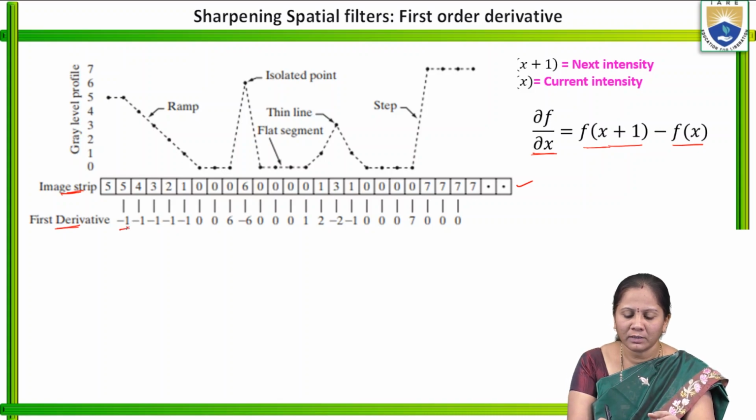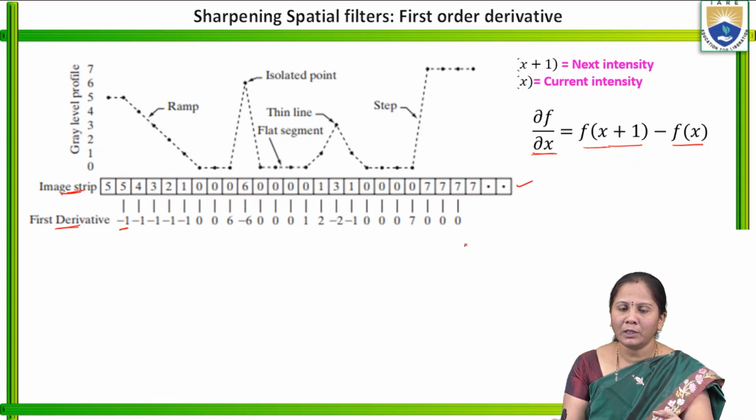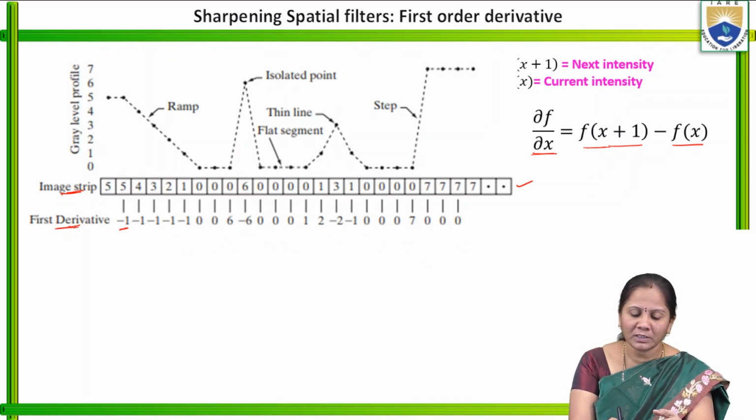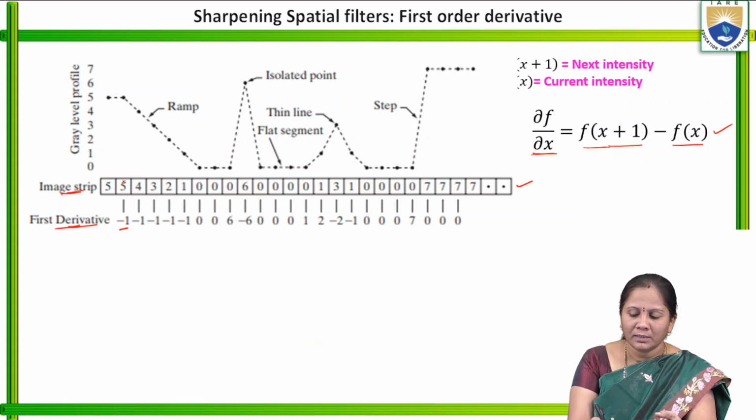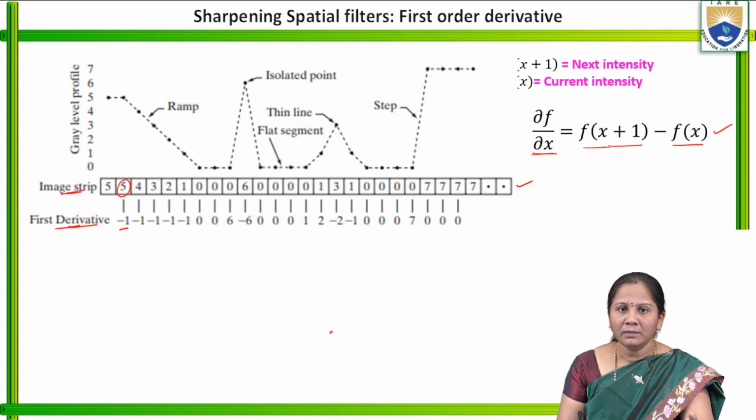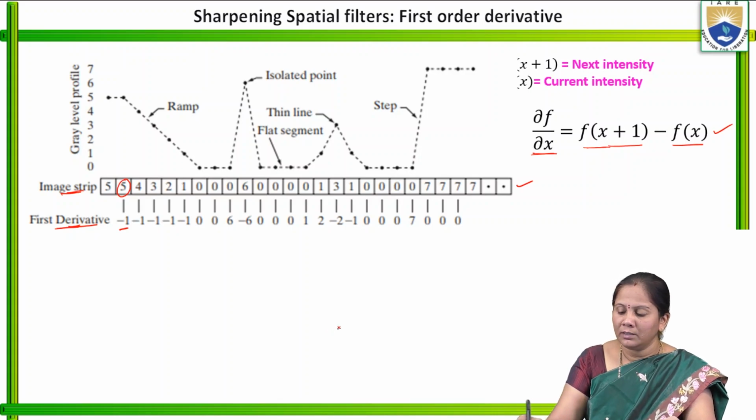So you can see here the values minus 1, minus 1, minus 1. Okay, zeros we can see, 6 and minus 6 we can see. Okay, how we got all these values from the image strip after applying this first order derivative means it is dependent on this equation. So if you see here, let us consider this 5 as the current intensity, that is f of x.